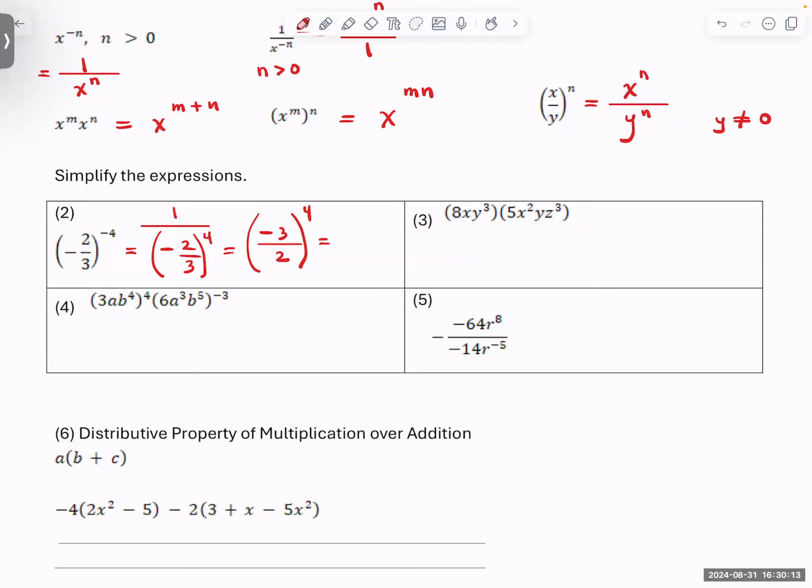Next, we would raise the numerator to the 4th power and raise the denominator to the 4th power. And this will equal positive 81, positive since the exponent is 4 and even, divided by 16.